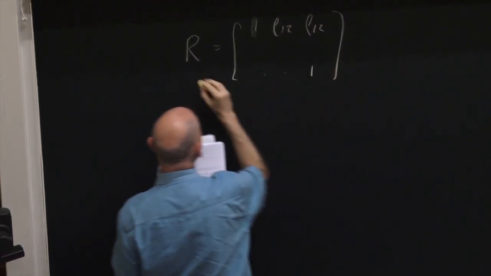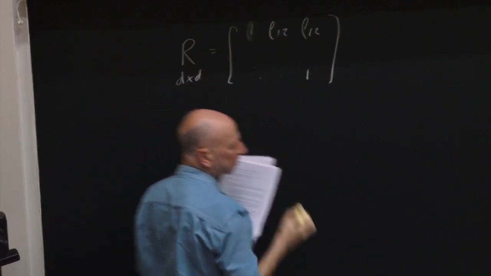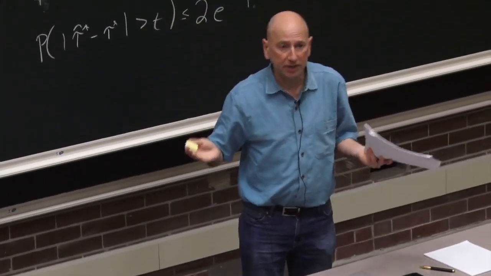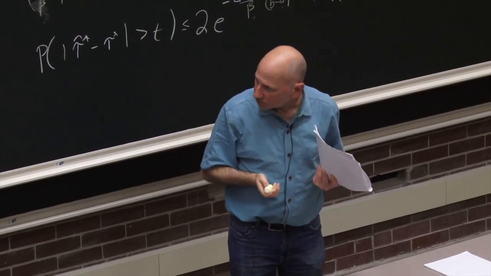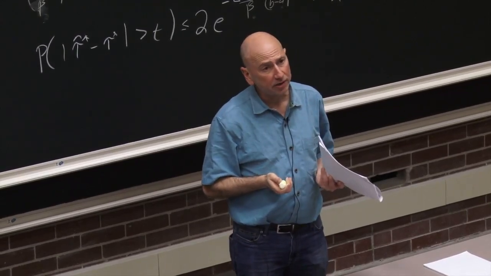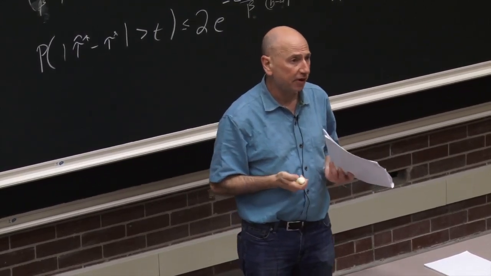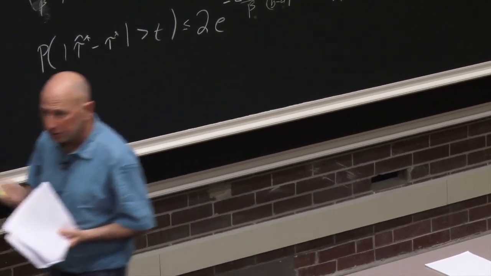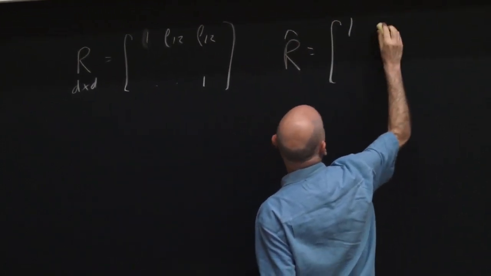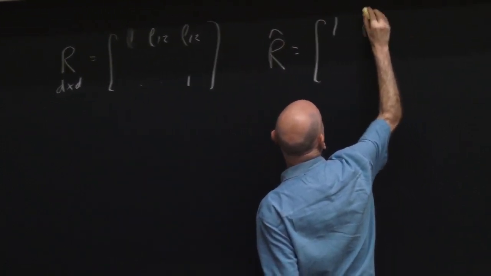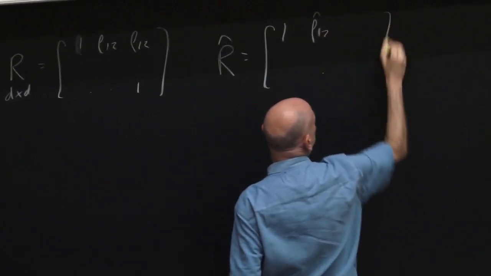This is a d by d matrix of all the true correlations between every pair of genes, let's say they're genes. There's some true correlation, okay? And so that's an unknown matrix, and it's got order d squared parameters in it. Between each pair, I can get an estimate, just the sample correlation.